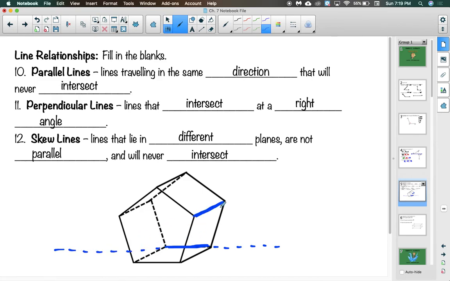And this line segment here is kind of above it, and it would continue, but they would never intersect because this is raised above that line segment right there. Okay, so skew is an idea that happens in 3 dimensions, not parallel, but will never intersect. Play around with this diagram and see if you can find some more skew lines and line segments.